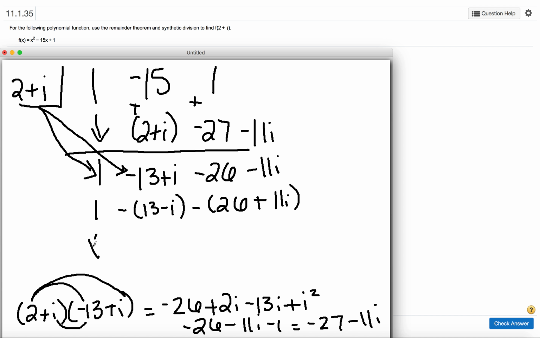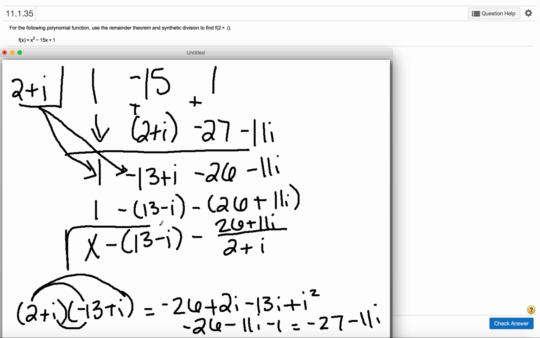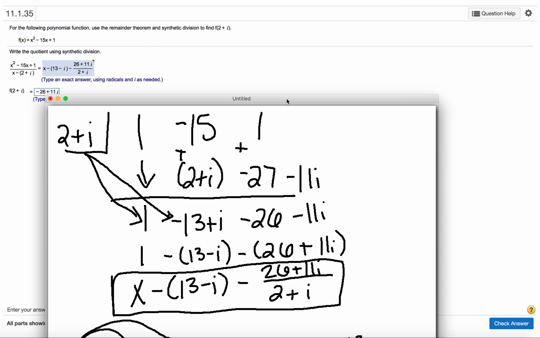So this is plain old x. It becomes plain old x. Minus, this would be my number terms. There's no x by it. And this is my remainder right here. So 26 plus 11i. And when you have a remainder, you write it over 2 plus i. So this is the answer to that first piece for part A.